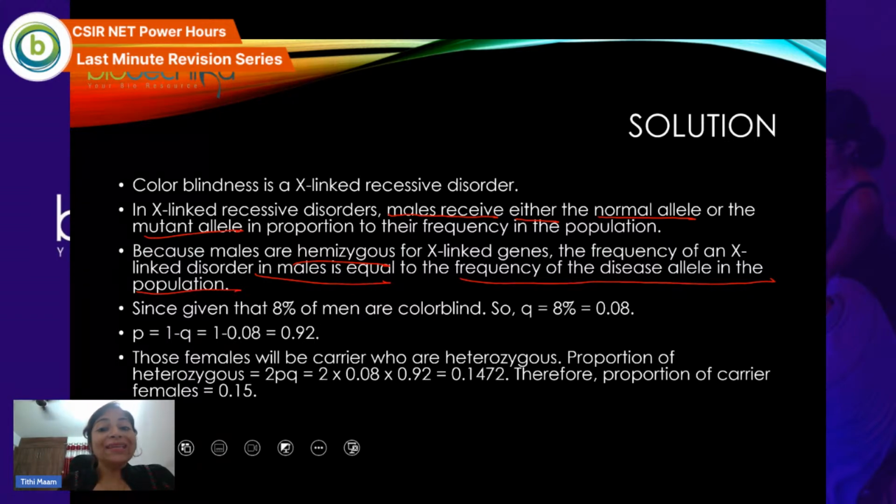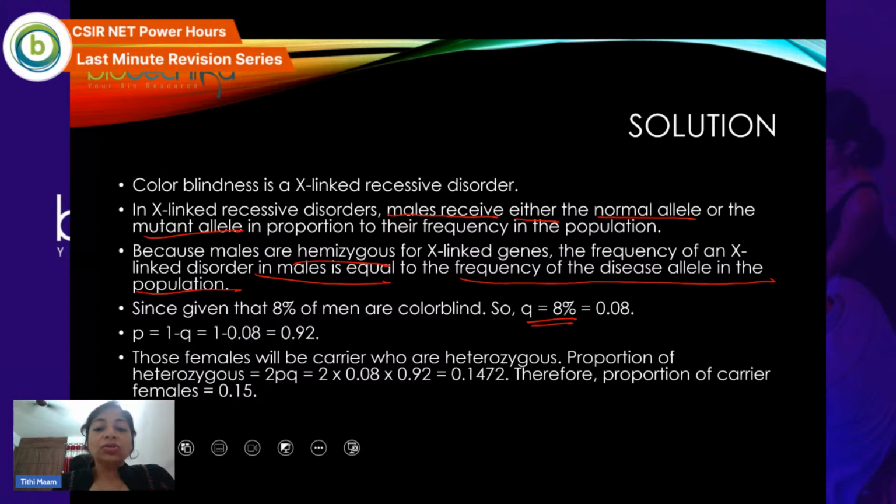This is only the situation for genes present on the X chromosome. So since 8% of the men are colorblind, q is equal to 8%. Am I clear? This would not have been the situation if we were talking about an autosomal gene.